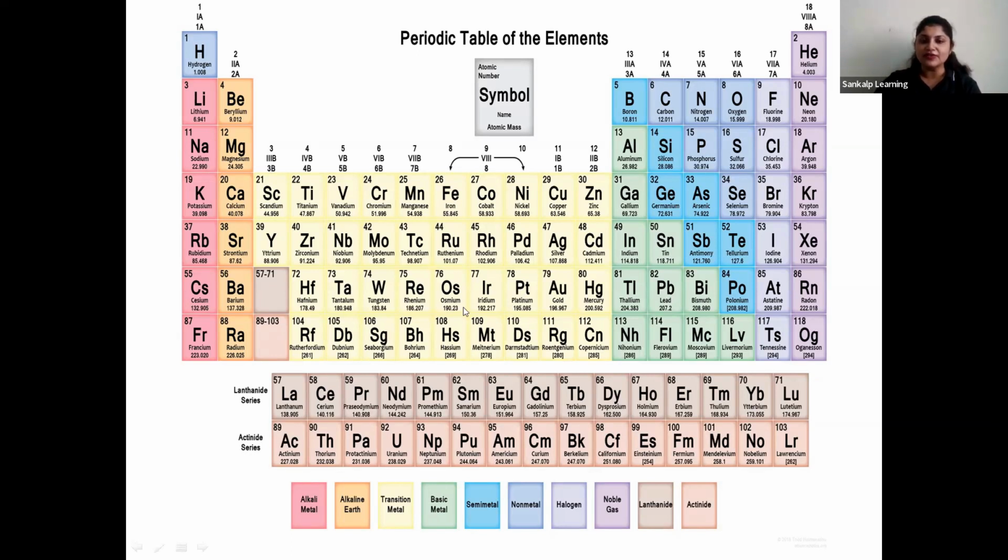You can see here, after uranium, these are some of the artificial elements. These are synthetic elements. The first synthetic element which was made was technetium. You can see it here. Technetium.